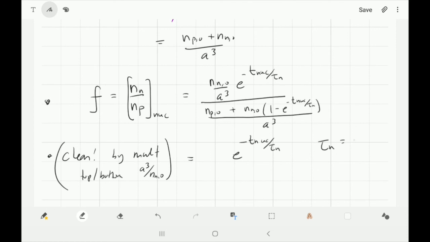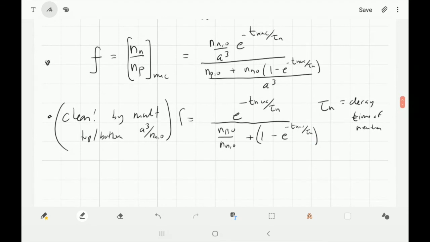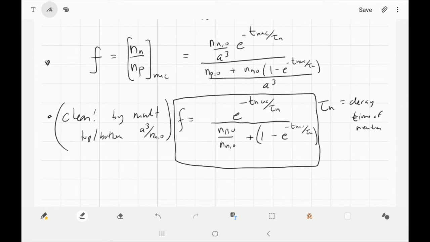Tau n is the decay time of the neutron. And then this is divided by the fraction np naught over nn naught plus a 1 minus, I'll put these in parentheses for fun, e to the minus t nuc over tau n. That would give you your expression for f that can go into your expression for y max.